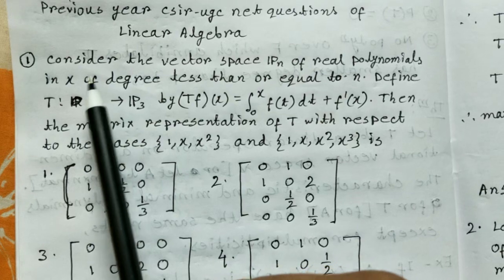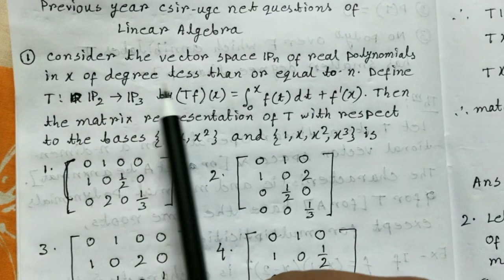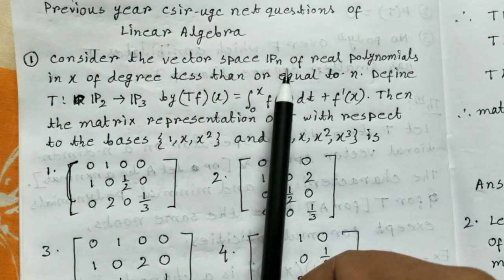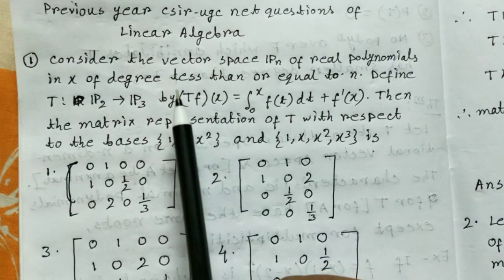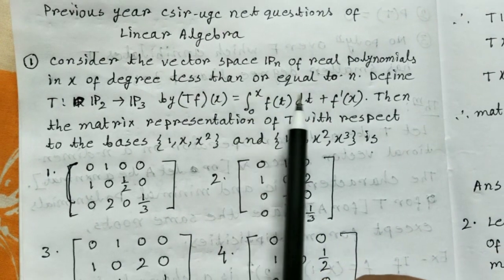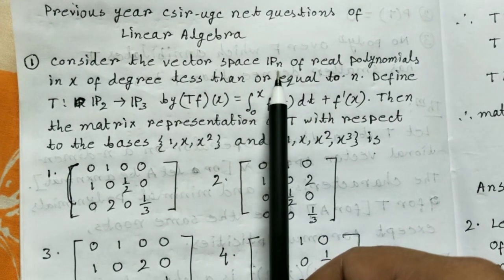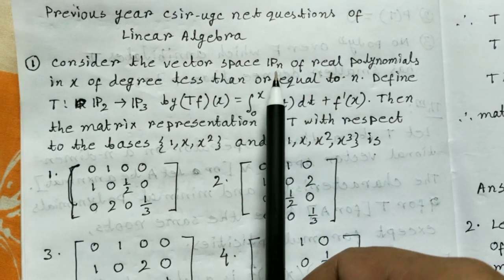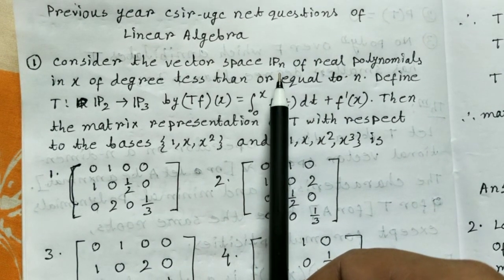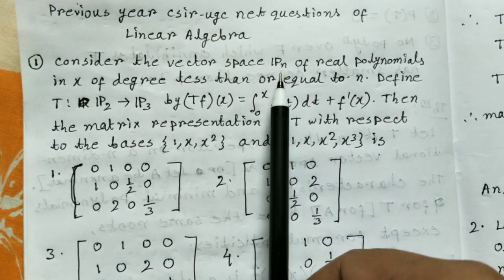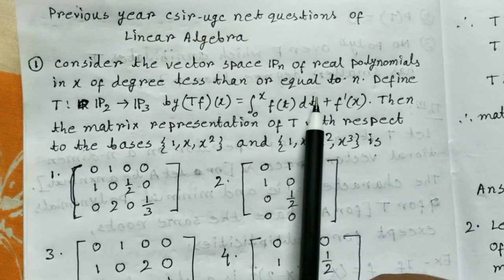Question number 1 is: consider the vector space Pn of real polynomials in x of degree less than or equal to n. So Pn is the vector space of real polynomials whose degree is less than or equal to n.